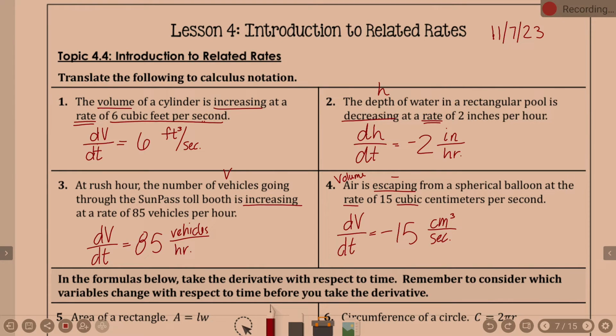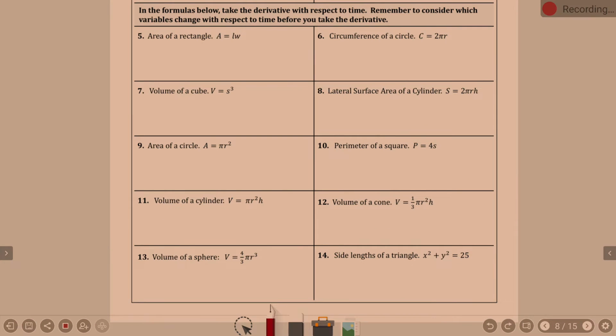Moving to the bottom part then. In the formulas below, take the derivative with respect to time. Remember to consider which variables change with respect to time before you take the derivative. So, the area of a rectangle. The word has escaped me.